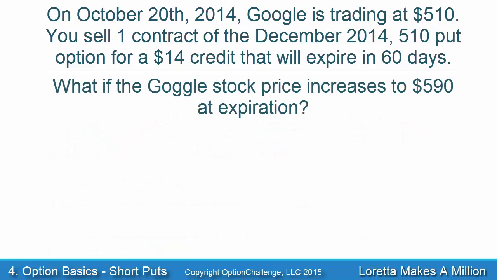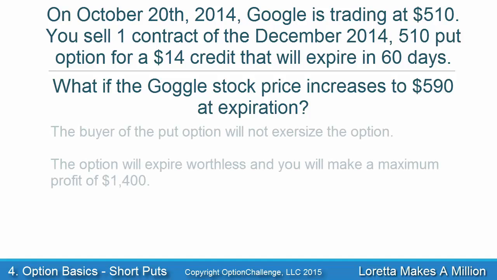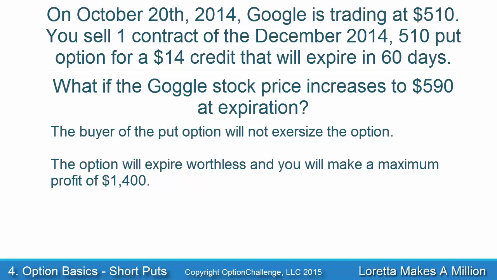Question: what if the Google stock price increases to $590 at expiration? The buyer of the put option will not exercise the option. The buyer will not sell you 100 shares of Google for $510 per share if the current market value for Google is $590 per share.